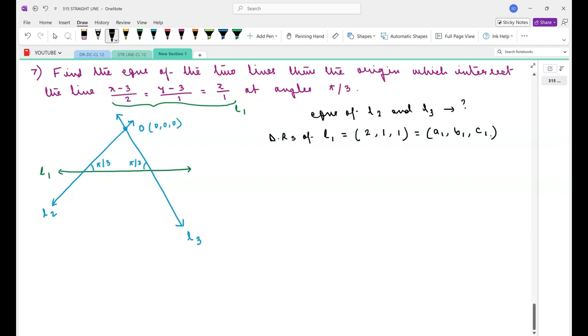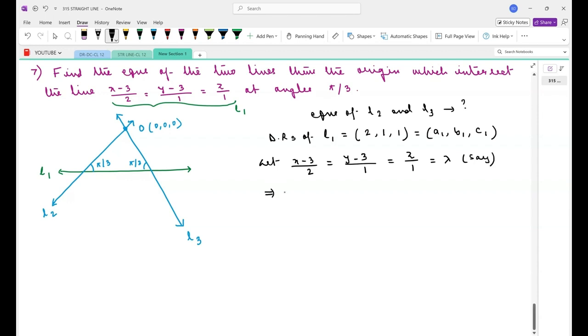Next, we try to find the coordinates of any general point on L1, just by following the process we did in the previous sum. So let x minus 3 by 2 equal to y minus 3 by 1 equal to z by 1 equal to lambda, say.